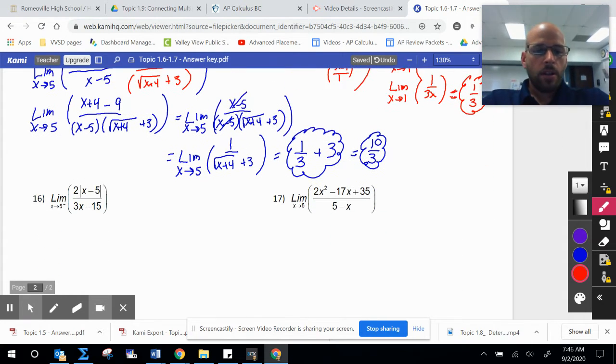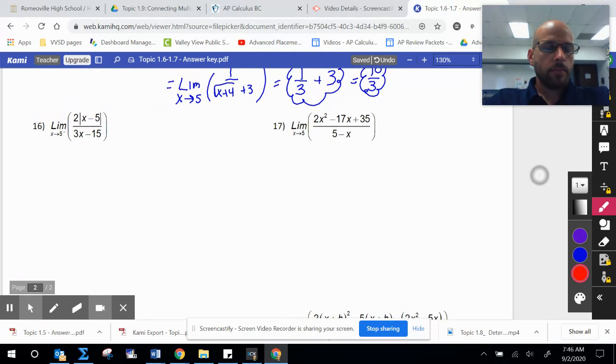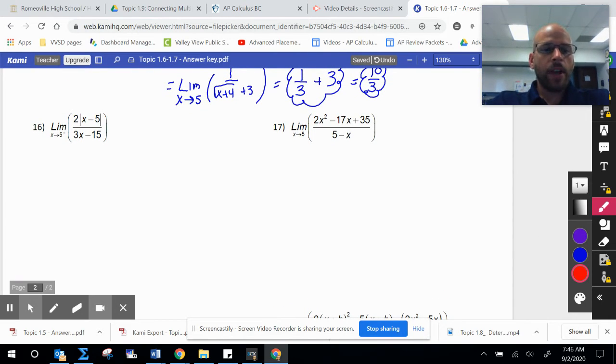Okay. We got a few more. Number 16, we have the absolute value problem. If you remember, we have a piecewise function here. Just to show you, I'm also going to factor out the bottom when I do this.